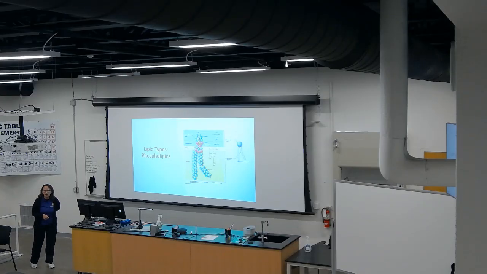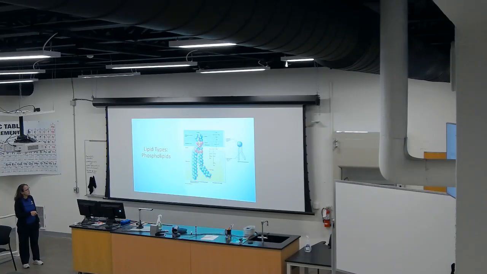Another type of lipids that we have are the phospholipids. Phospholipids have 2 fatty acid tails bonded to a phosphate group. And then you have a glycerol in between the fatty acids and the phosphate group, so they form like a bridge.